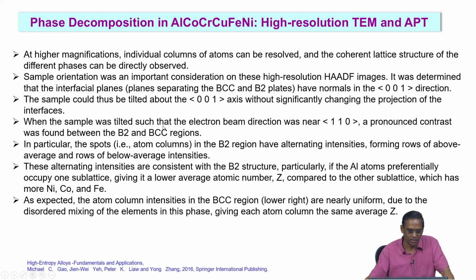When the sample was tilted such that the electron beam direction was near 110, a pronounced contrast was found between B2 and BCC regions. So, why am I bringing all these pointers? You can always look at the atomic level information in high resolution TEM, but you need to know the orientation of whatever interface you are interested in.